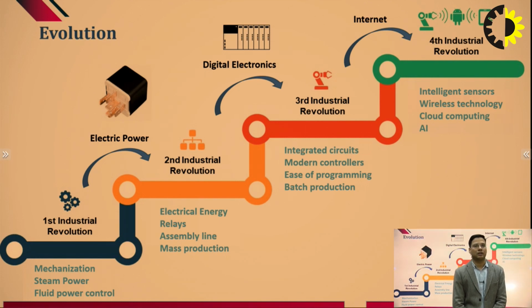Now, when we say that the internet was developed in the late 20th century, it was the marvel that made use of intelligent sensors. We were using more technologies related to wireless, with less requirement of wires.